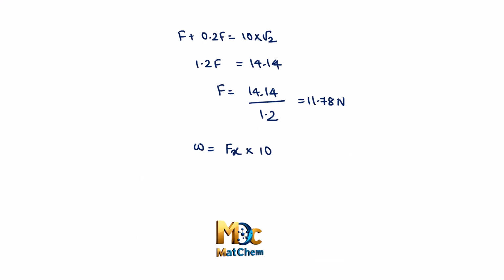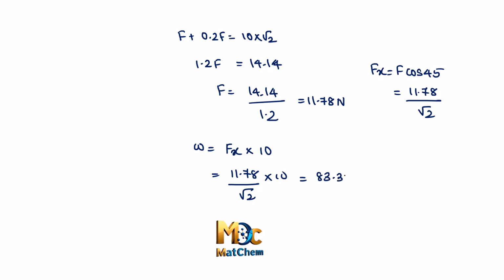Fx is equal to F cos 45, where F is 11.78, so this becomes 11.78 divided by root 2 into 10, which gives you 83.32 joules. This is the work done when there is a displacement along the x-axis by a distance of 10 meter while applying a force F at an angle of 45 degree with the horizontal.